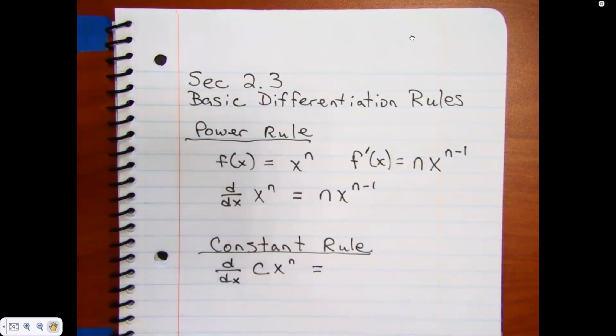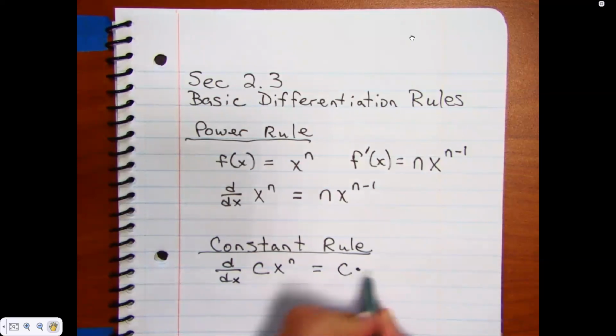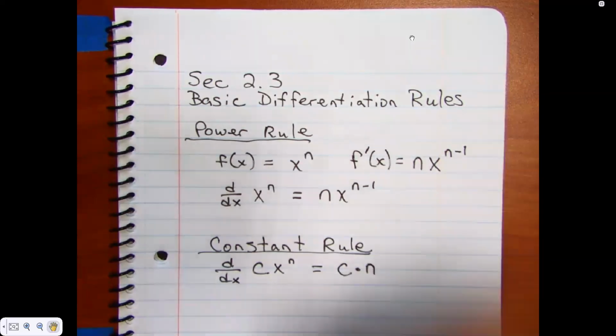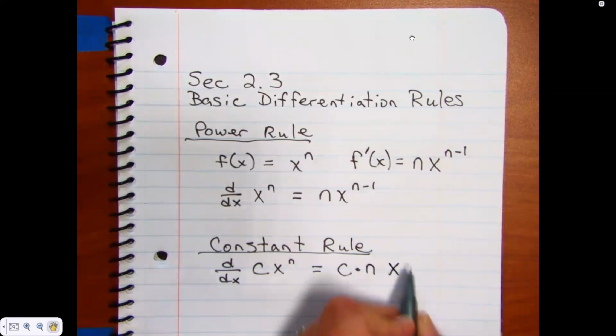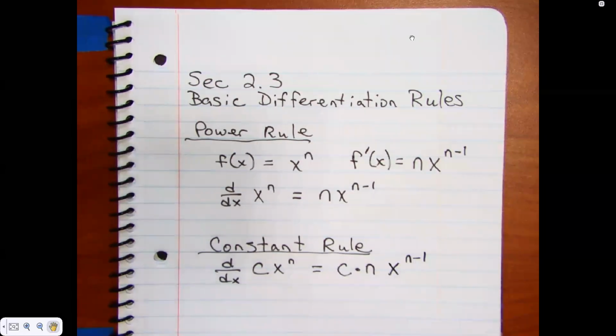What do we do though when we roll it down and there's a number already there? You multiply. So it's going to be c times n, because I rolled n down, and then x to the n minus 1. And we're going to do these, so don't panic, but at least it gives you something to reference. Okay, I think just two more rules, and then we'll go to a bunch of examples.